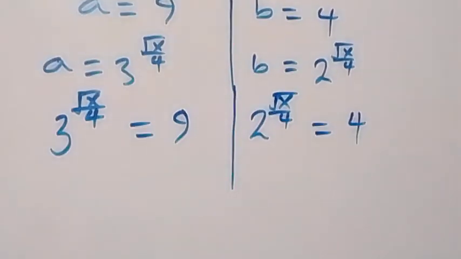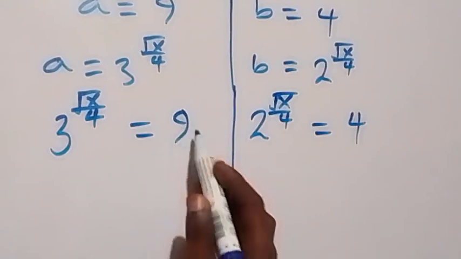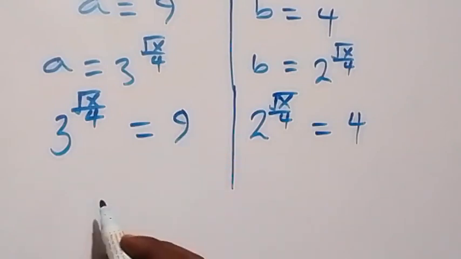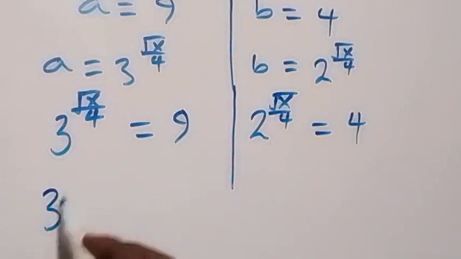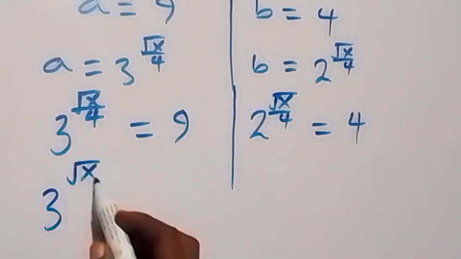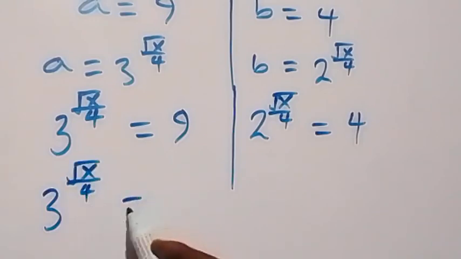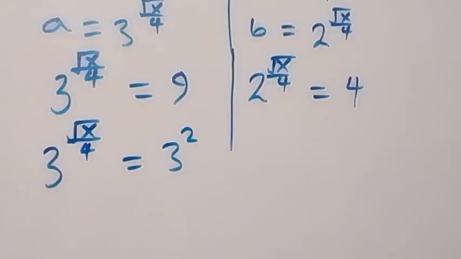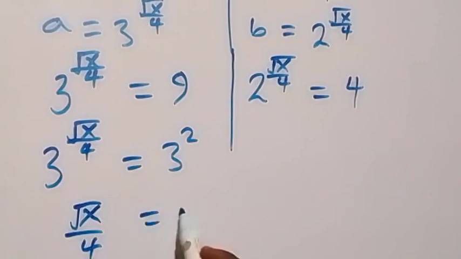Then here, to solve for x, we can change 9 to base 3. So we have 3 raised to power root x over 4 now equals to 3 square. That is 3 times 3 gives us 9. So the bases are equal now. Let's equate the power, and we have root x over 4 now equals to 2, which is over 1.